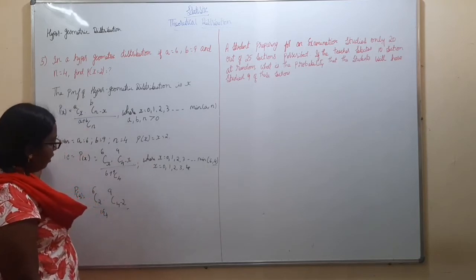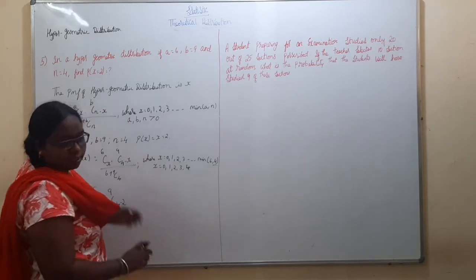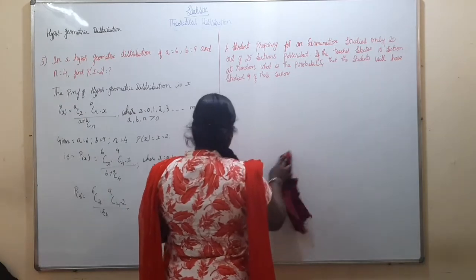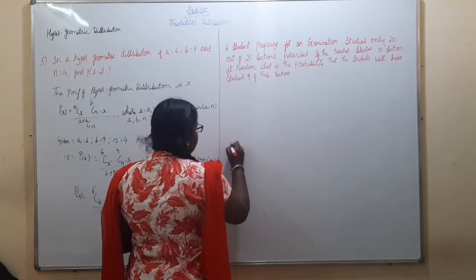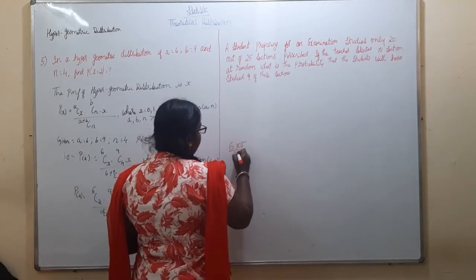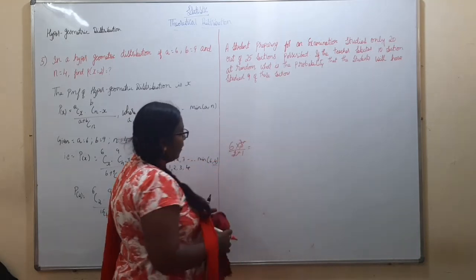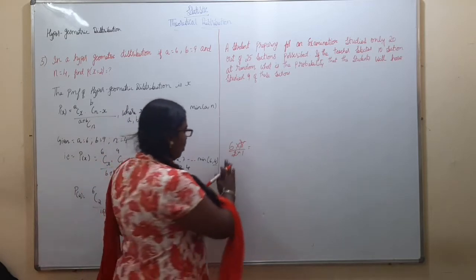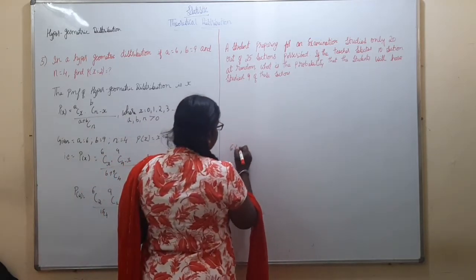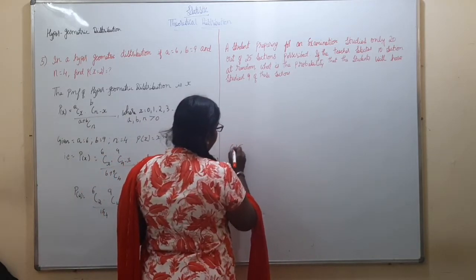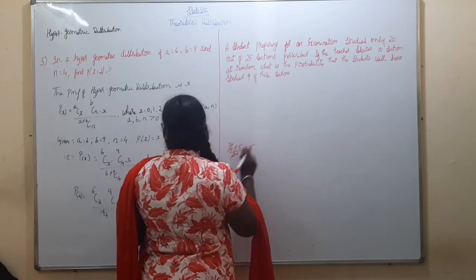Taking the factorial forms, 6C2 is 6 into 5 divided by 2 into 1, and here I will get 15.